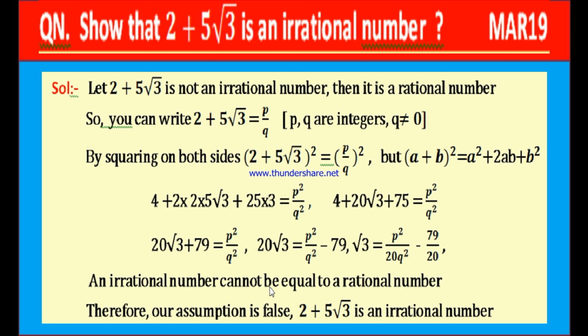Therefore an irrational number cannot be equal to a rational number, which is false. Therefore our assumption is false. What is our assumption? 2 plus 5 root 3 is not an irrational number, which is false. Therefore 2 plus 5 root 3 is an irrational number.